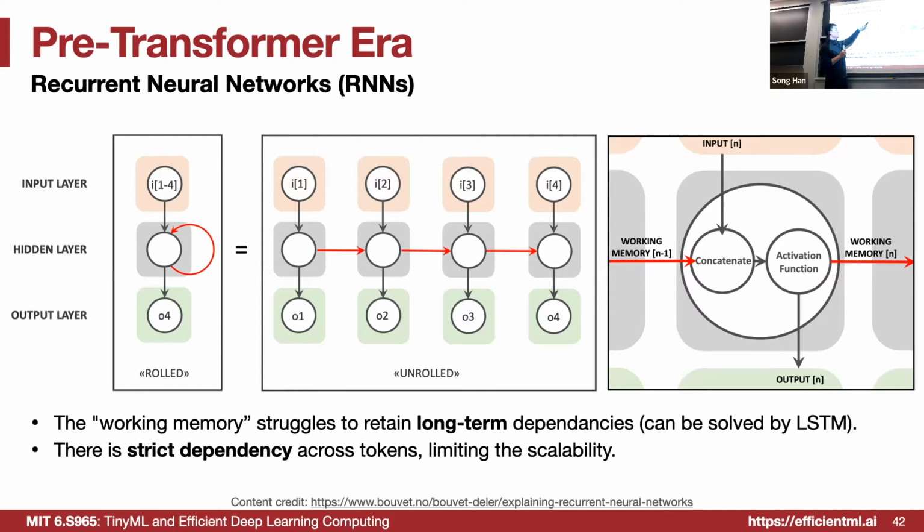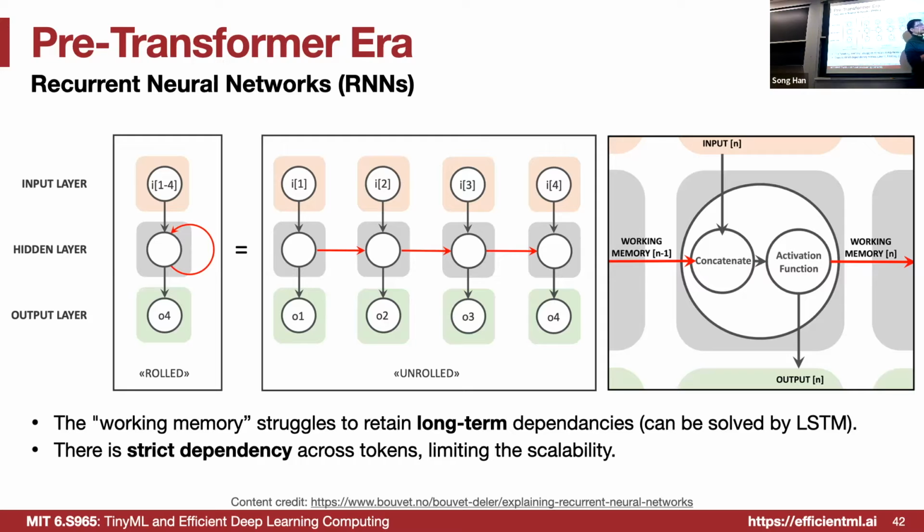We have one input, the first token, the first word, and then we pass it through the initial state. We generate a new state, and we can also generate a new output. Given the second state, we take in the second input and combine them together. Every time we're combining the new input with the previous memory state, and we pass it through an activation function to get an output, which is optional.